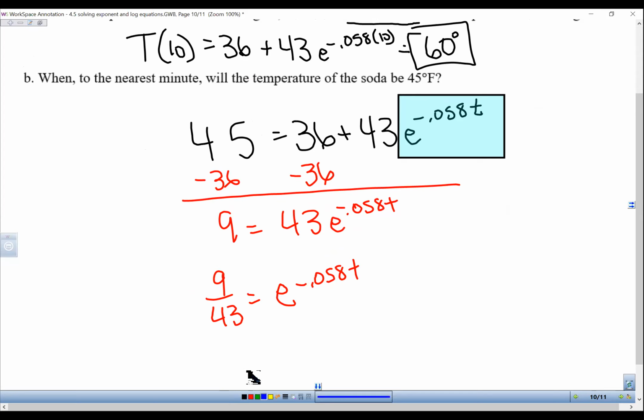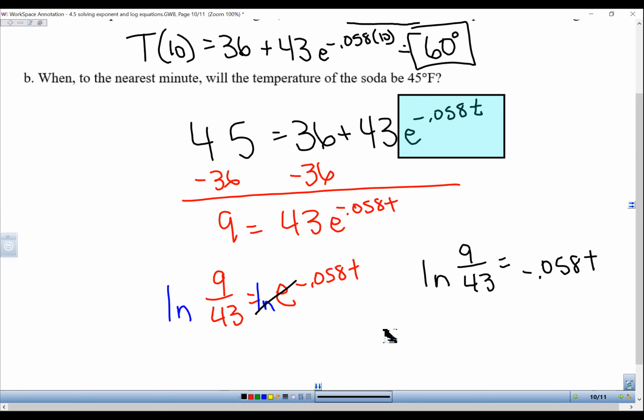Once we reach that, then we can do the log of both sides. In this case, again, because it's e, we need to do natural log. So remember, natural log and e cancel out. So this is going to give us the natural log of 9 over 43 equals negative 0.058 t.